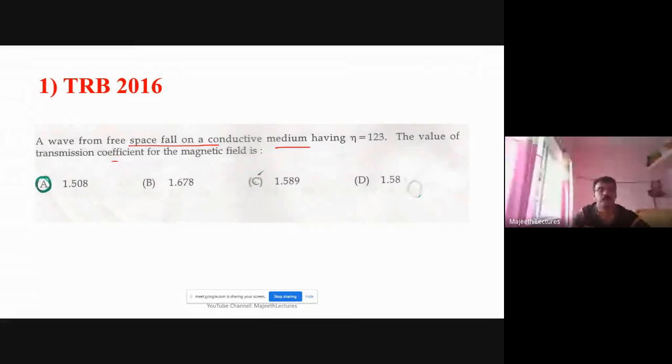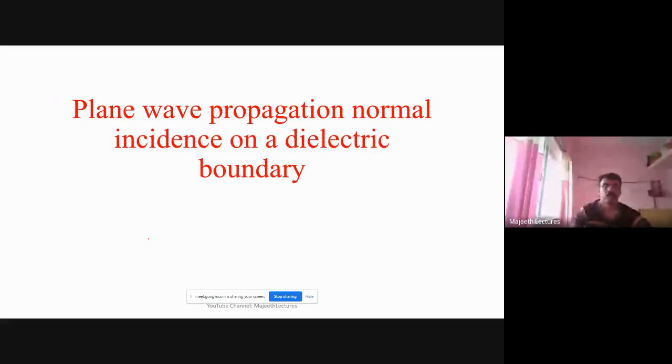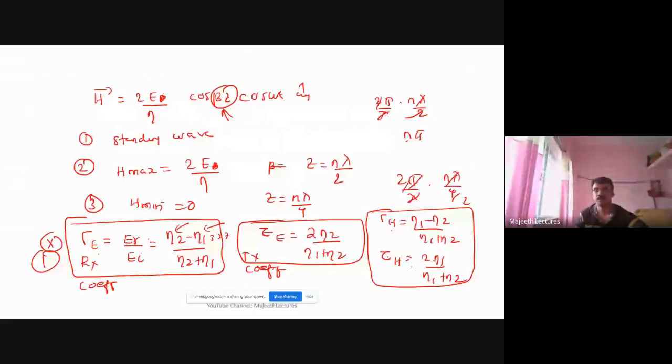What is the value of the transmission coefficient? So what have they given? The medium eta, that is eta 2, they have given. Right? So what is the transmission coefficient? We know tau is equal to 2 eta 2 divided by eta 1 plus eta 2.